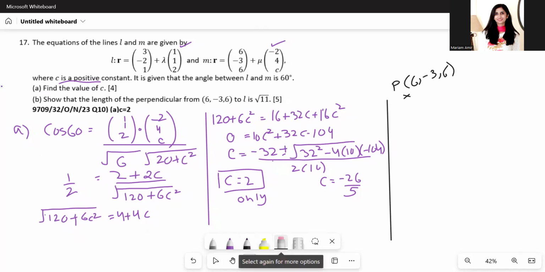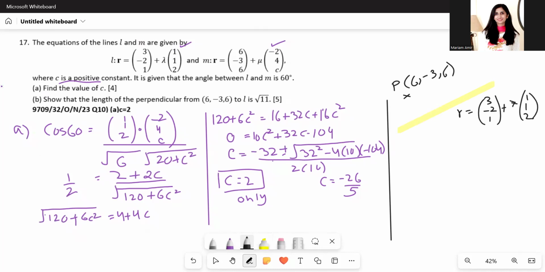And the line is the line L, and we already have its equation. L is r equals (3, -2, 1) plus lambda (1, 1, 2). And we need to find this perpendicular length.